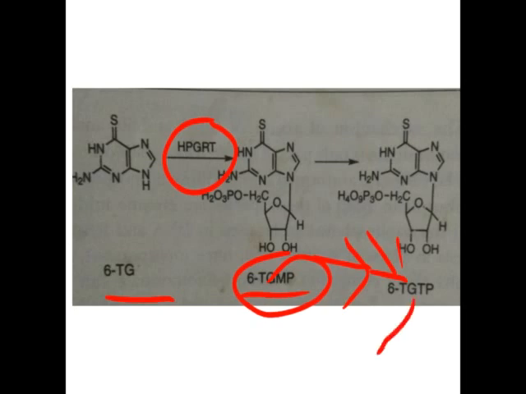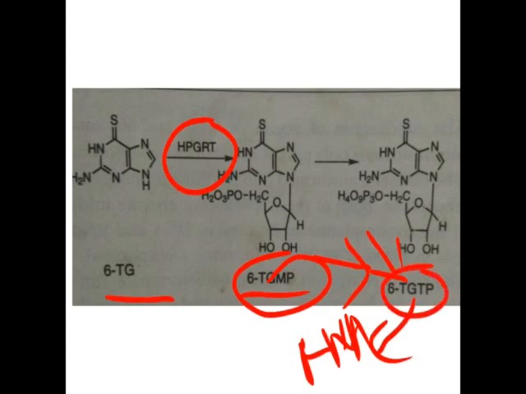This 6-thioguanine triphosphate enters the synthesis of RNA or DNA, the nucleotide bases, where guanine is present. So instead of guanine they have 6-thioguanine triphosphate. So it forms faulty RNA or faulty DNA, hence there is an inhibition of protein biosynthesis.